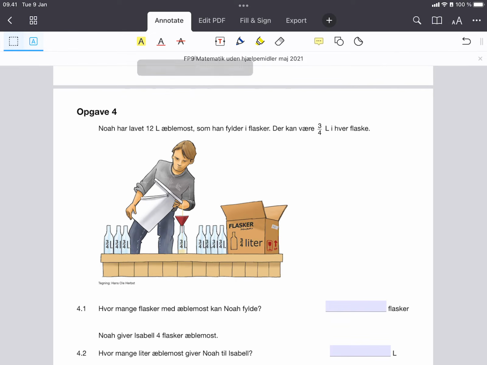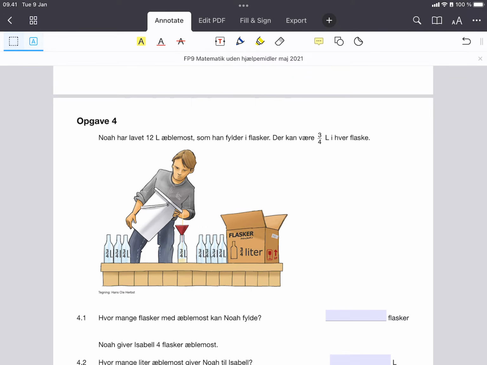So he's got 12 litres. Just get that on. And he's dividing it into bottles that are 3/4 of a litre each. So the number of bottles is going to be 12 divided by 3/4. In fact, I think I'll just do the top 2 dots for divide, follow the Danish convention. So you've got to do 12 divided by 3/4.